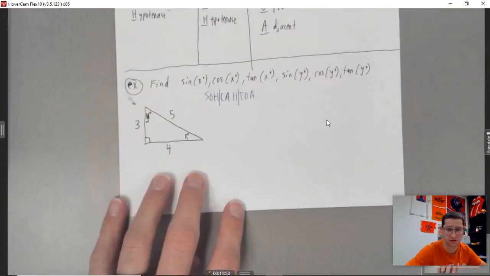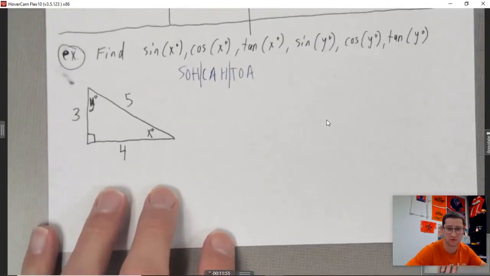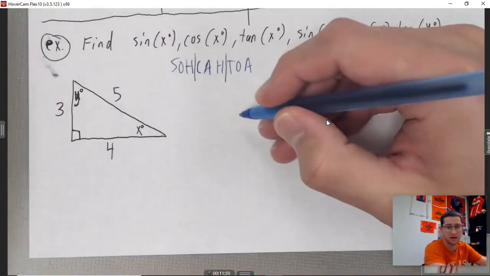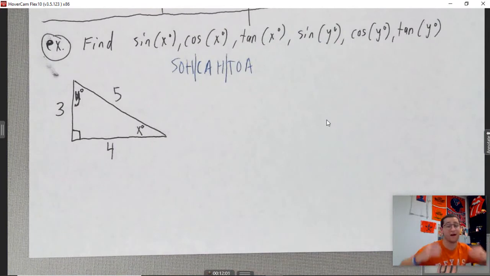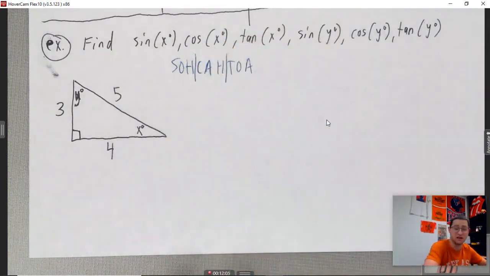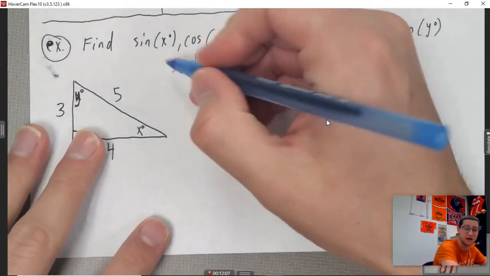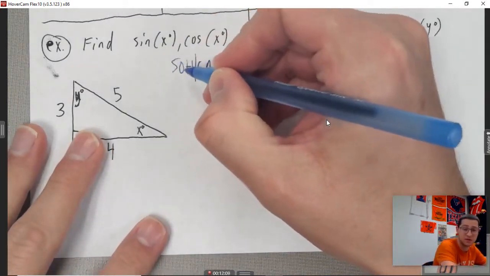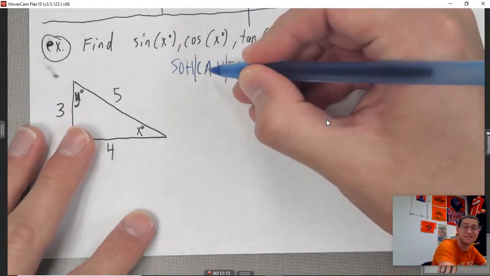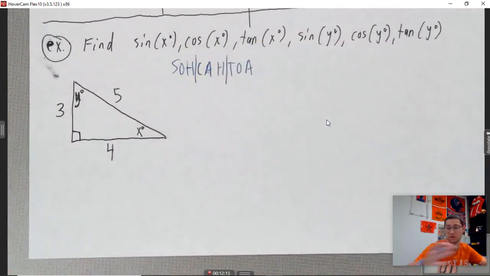I'm going to write it there just so I have it to reference. Then I've got it out of my brain, and I don't have to remember it each time. In case I forget what sine is, I've got it right here: sine is equal to the opposite over the hypotenuse. In case I forget cosine, cosine is equal to the adjacent over the hypotenuse, etc.